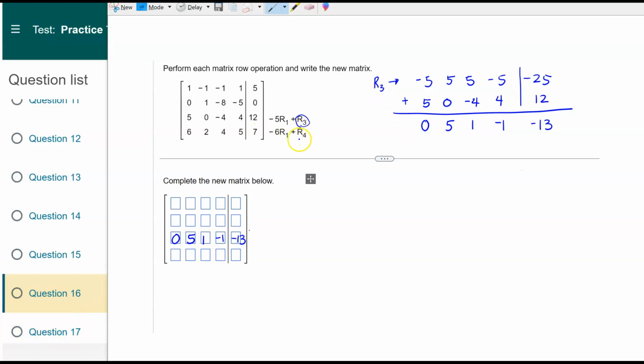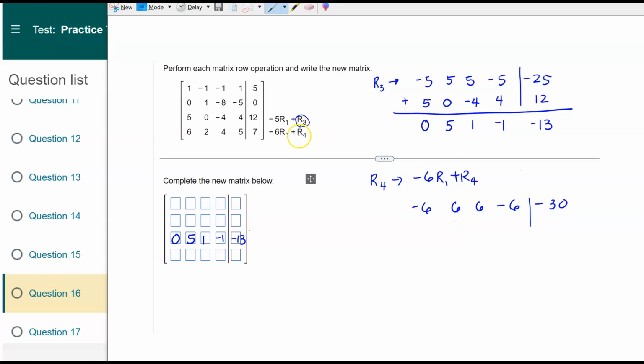Now for row 4, that's the next row operation. Row 4 will be replaced by -6 R1 plus R4. That means you multiply row 1 by -6. So you have -6, +6. -6 times -1 is +6. This is -6. Then -6 times 5 is -30.